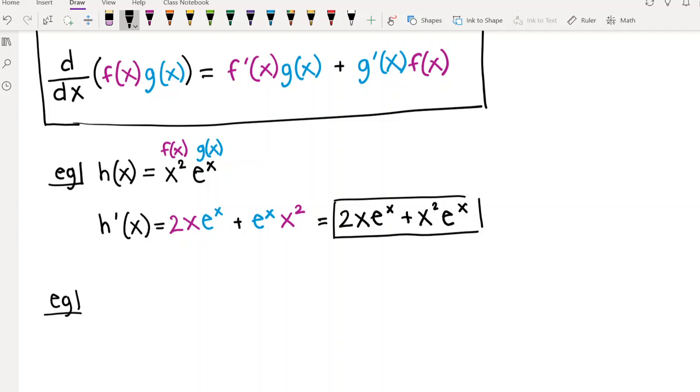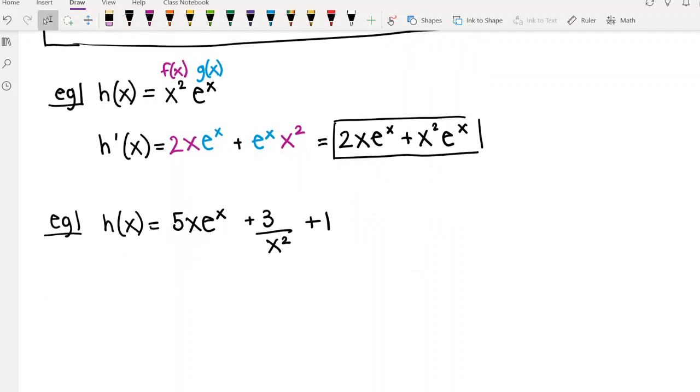Okay, so let's say that we have the function h of x is equal to 5x e to the x plus 3 over x squared plus 1. So this is going to be an example of a function where we're going to use different rules for different parts.